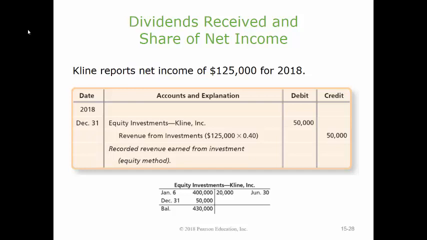So we decreased that by $20,000, and that brought it down to $380,000 at the time, but we just increased it by another $50,000, bringing the balance of our investment up to $430,000. Essentially what we're saying here is, if we sold this company today, we believe that our portion of ownership in Klein Incorporated is worth $430,000 on the fair market.